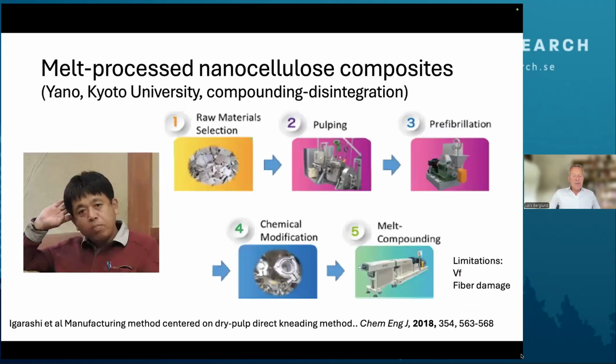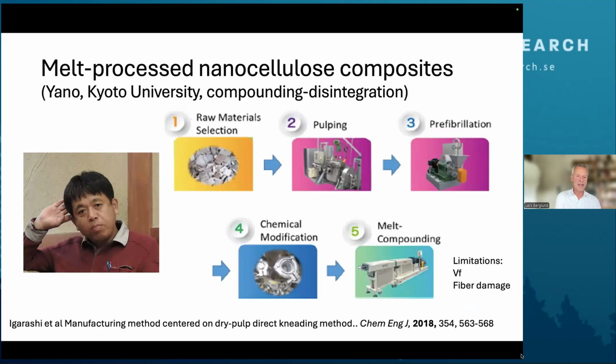I wanted to say something about melt processed composites because they are industrially so important. It's very difficult because of agglomeration problems to use nanocellulose here. The best work has been done by Yano at Kyoto University. He has by far also had the largest resources.